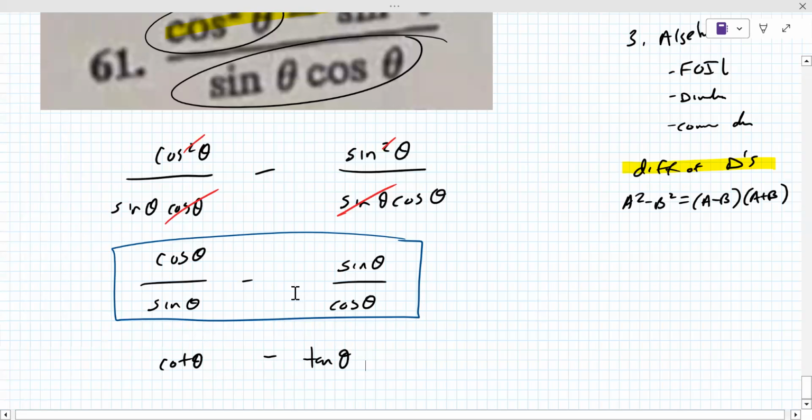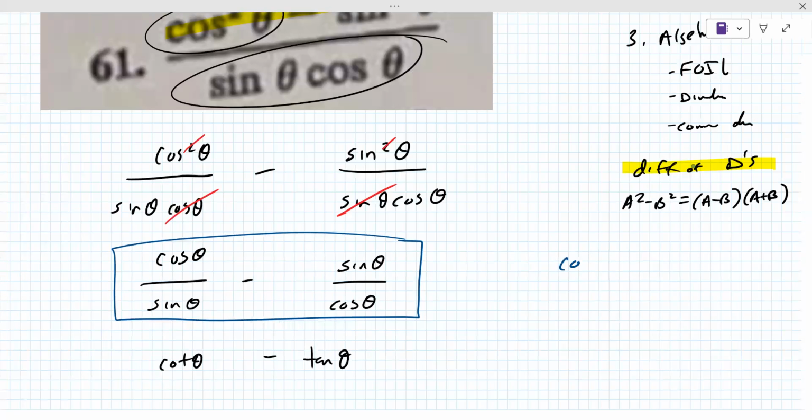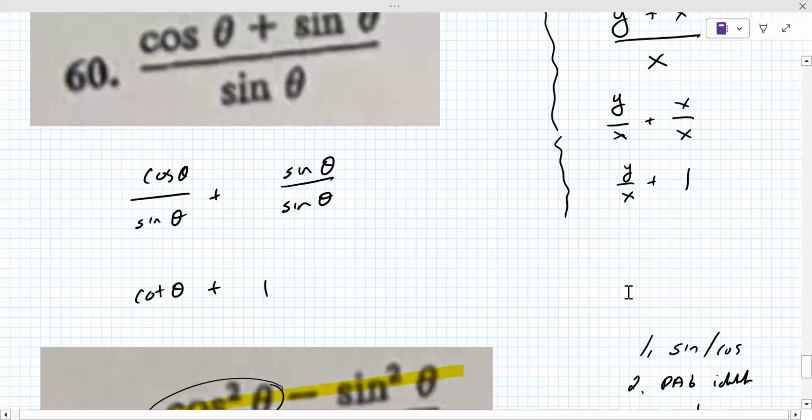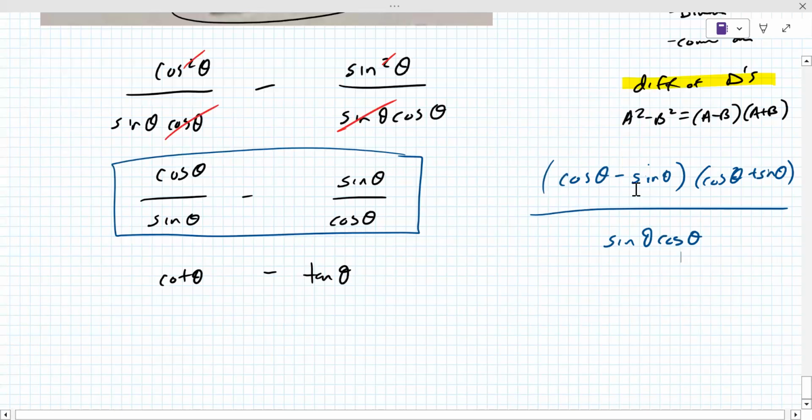They're different reciprocals, so there's nothing you can do there. The only other question is, would difference of squares have been better? Would writing it as cosine theta minus sine theta times cosine theta plus sine theta be better than sine theta cosine theta? I'm not sure. But it doesn't look like it. Okay.